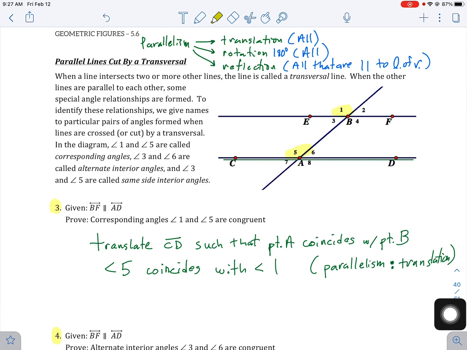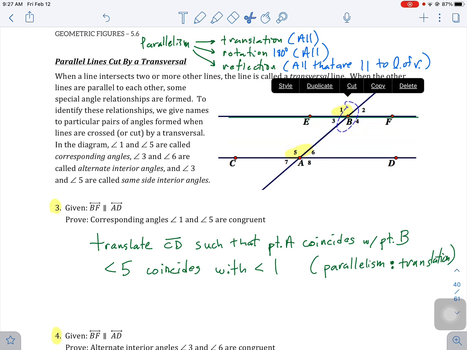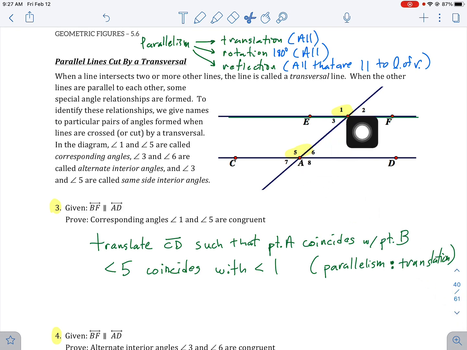One way to do this, if we take this AD line right here and translate it like so, we can say that we translate it until point A coincides, goes right on top of point B. Then we can say that angle 5 will coincide, goes right on top of angle 1. And that's based on our idea of parallelism and translations.